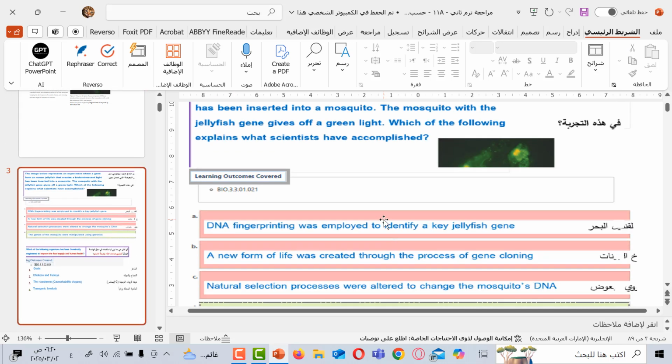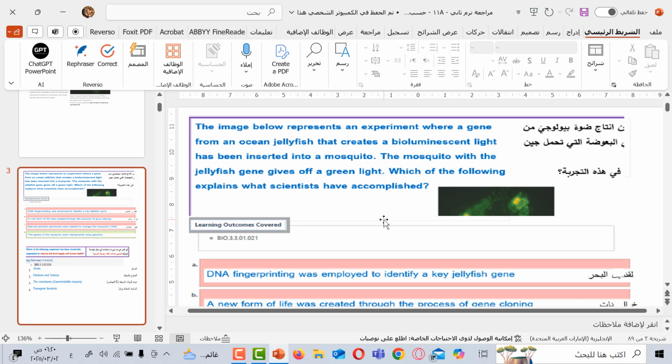He asked about what? He gave us this picture and told us: the image below represents an experiment where a gene from an ocean jellyfish that creates bioluminescence light has been inserted into a mosquito.